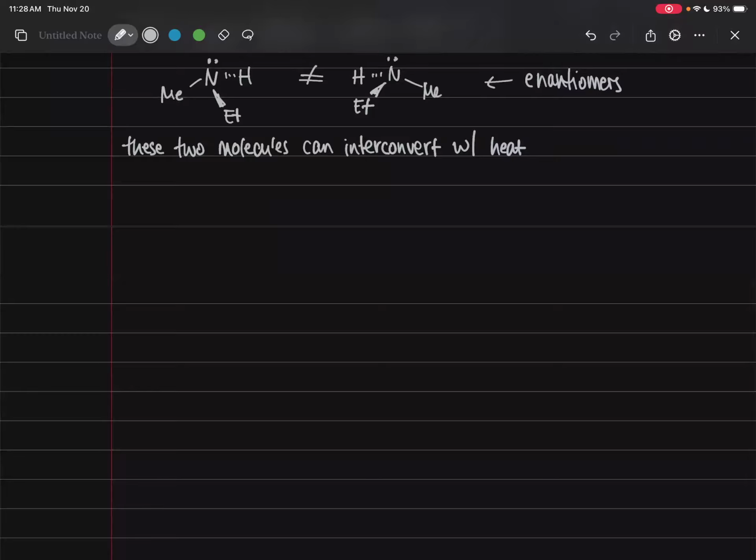Now, what does that look like geometrically speaking? Okay, so there's, let's say, our first enantiomer. We've got that trigonal pyramidal geometry where all three of the R groups are sort of pushed to the left a little bit.